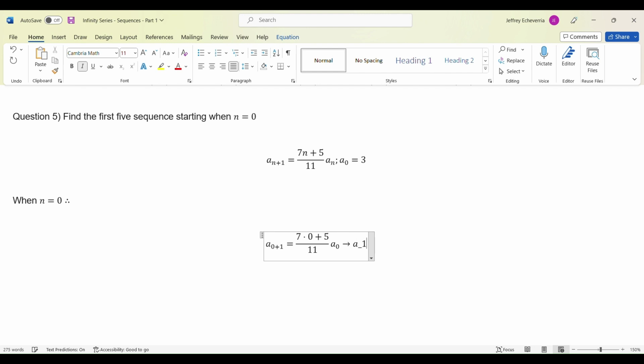That means a sub 1 must equal 5 over 11 times a sub 0. But we're given a sub 0, which is 3. Therefore, a sub 1 equals 5 times 3 over 11, which finally gives us 15 over 11.